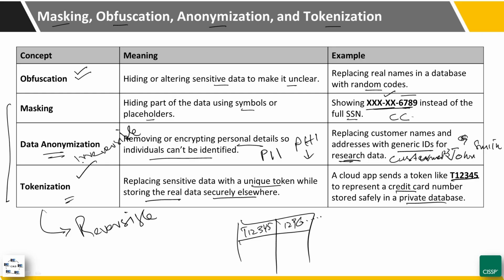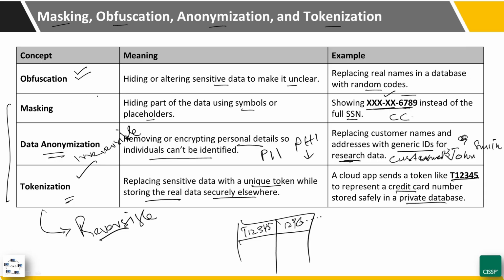So one difference between anonymization and tokenization is that tokenization is reversible, anonymization is irreversible. Anonymized data is basically used for research and analysis, analytics, while tokenization data is used in real world scenarios such as in banking for correlating the credit card numbers with tokens.